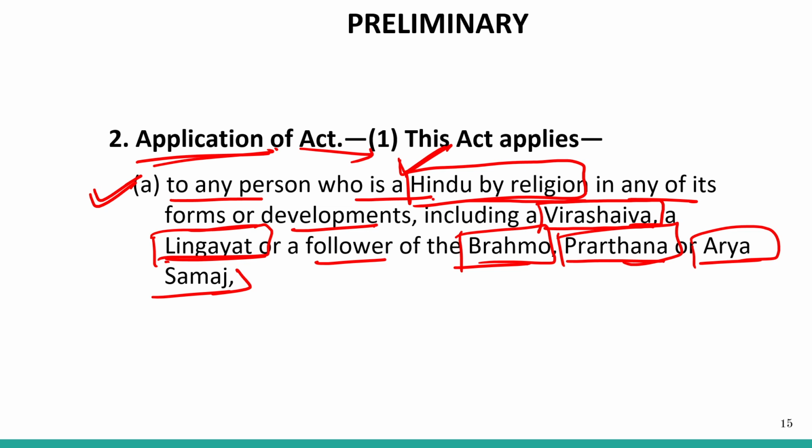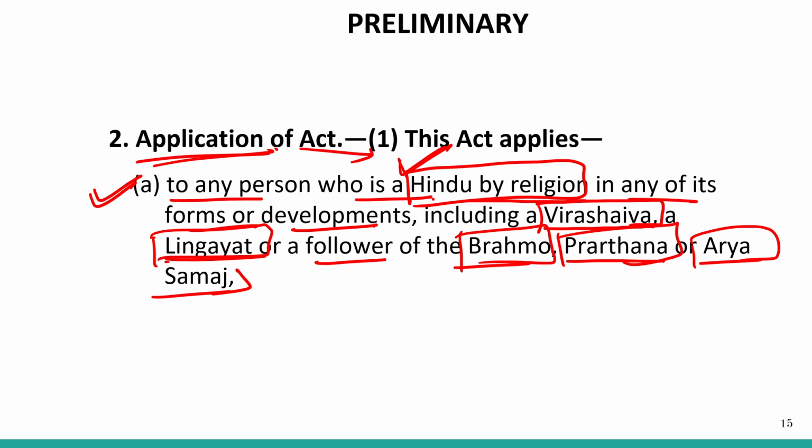Hindus have various gods, but when you talk about Lingayats and Brahmos specifically, there is only one god they worship. So this is a small difference when you talk about Veerashaiva, Lingayat, Brahmo, Prarthana, and Arya Samaj. But the majority of the ceremonies and all the culture that is being followed is according to the Hindus only.